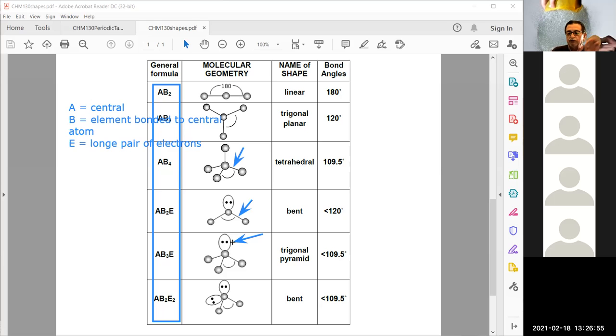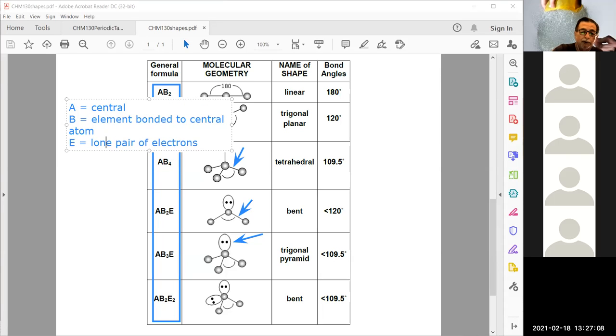They're designated by two dots, and I'm pointing to those with the arrow. Those are what we call lone pairs. They're not bonded. So we have bonded pairs and we have lone pairs.